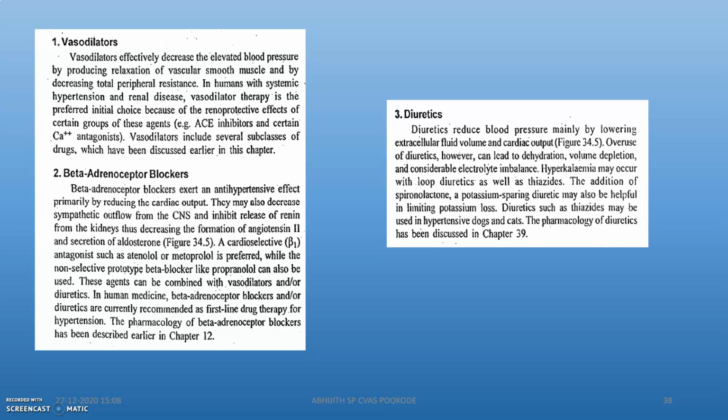They will be dilating the vessels so that systemic vascular resistance decreases and the BP decreases. The next one is the beta adrenoreceptor blockers. So beta or alpha activity will not happen. That will lead to lessened activity of the sympathetic system. So what happens? BP decreases. Next one is the diuretics. They will be reducing the blood pressure by lowering the extracellular fluid volume and the cardiac output.